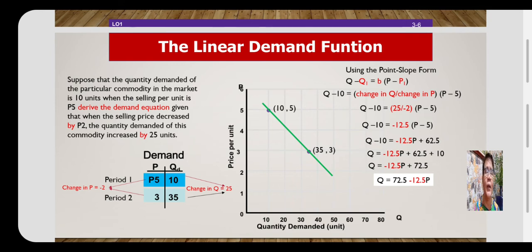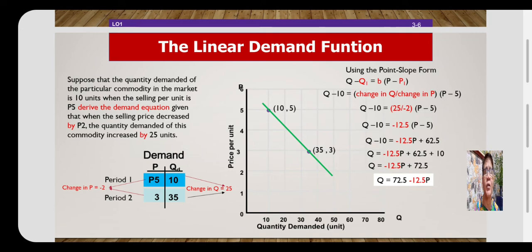So basically, the equation now will be given by Q minus 10 is equal to change in Q over the change in P times P minus 5.